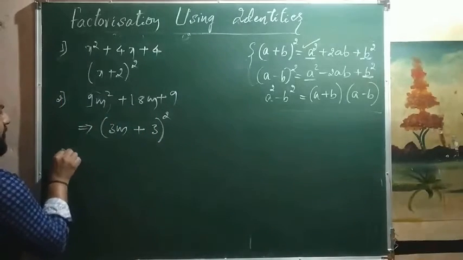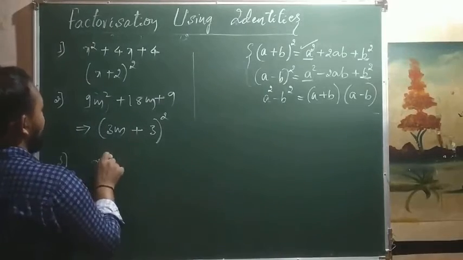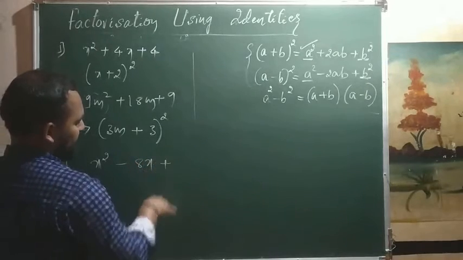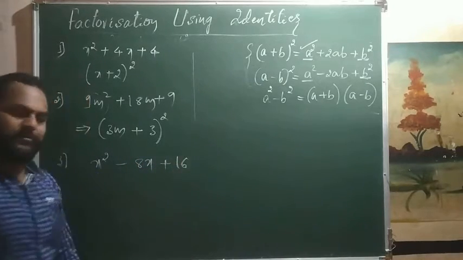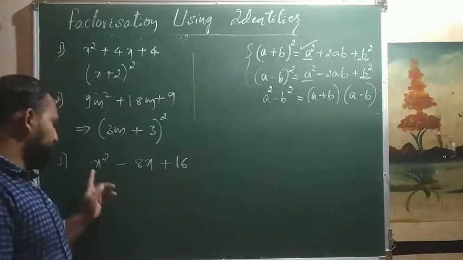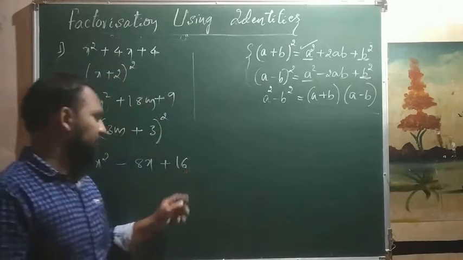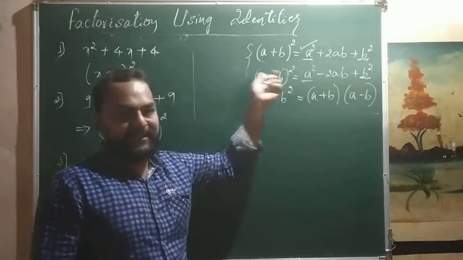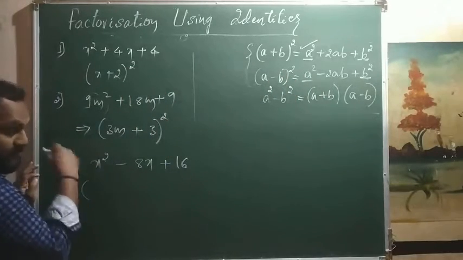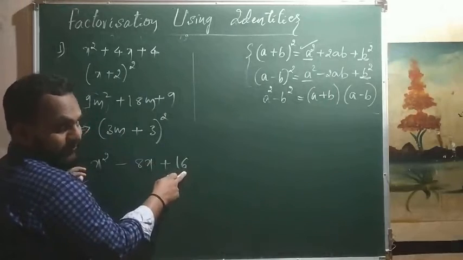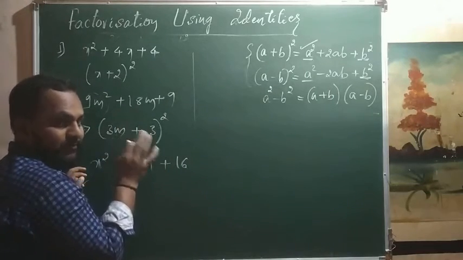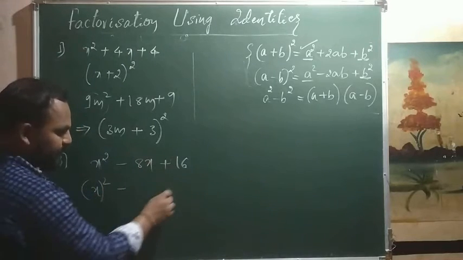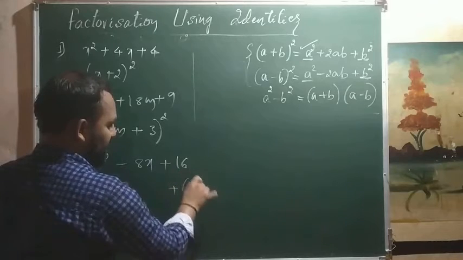Okay, take here x square minus 8x plus 16. The number of terms is 3. Then the sign of the middle term is negative, which means the second identity. The first and third terms are perfect squares. It means x square minus 8x plus 4 square.